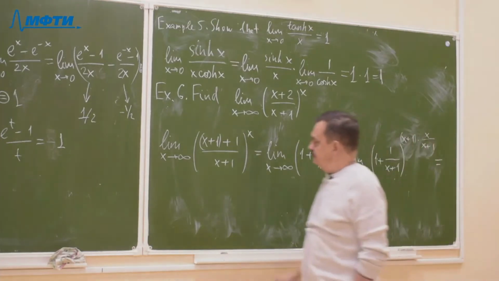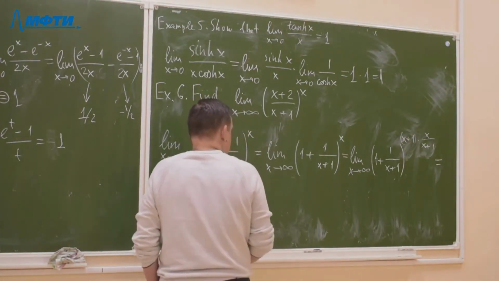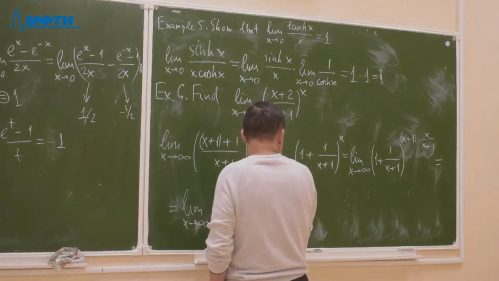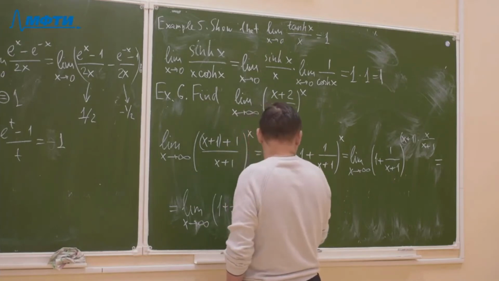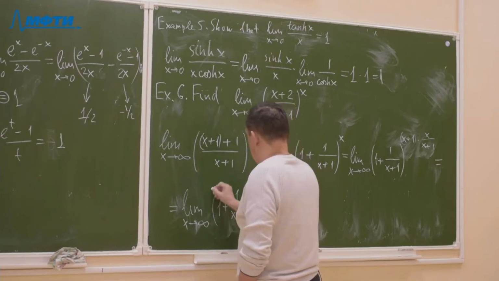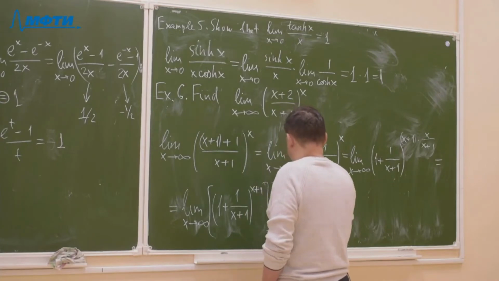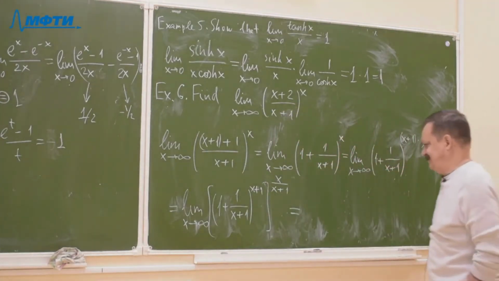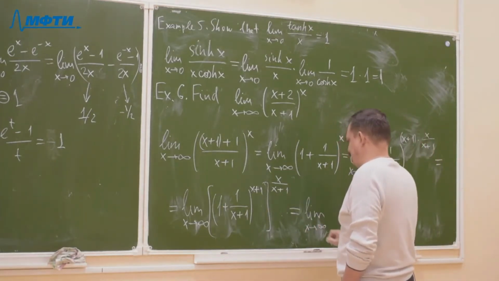Then (1 plus 1 over (x plus 1)) to the power (x plus 1), to the power x over (x plus 1). And that is, never write it like that.